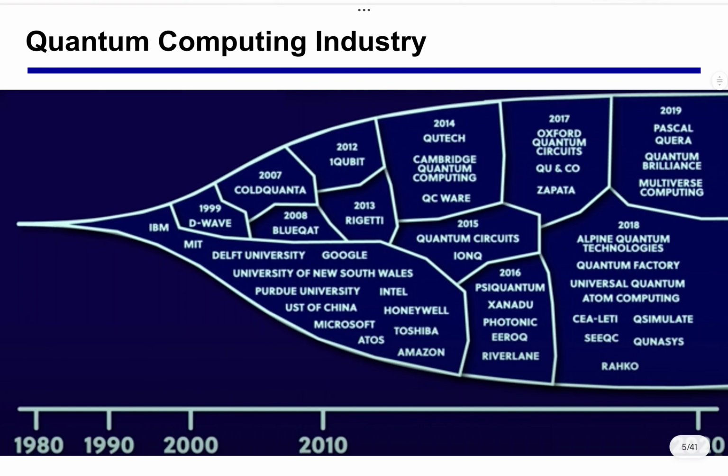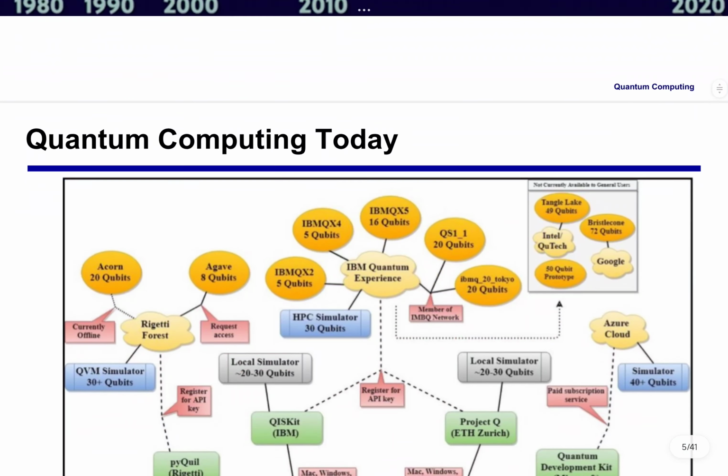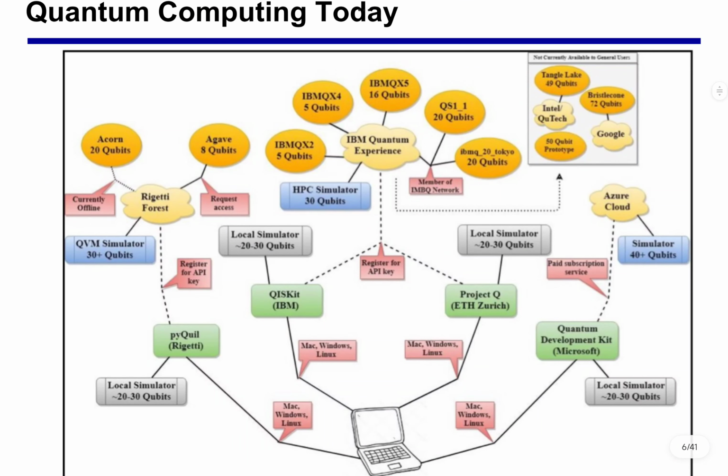So in the industry, with the development of technology, they are more and more competent because the market is booming, I think, and I hope this will have a great future. Today there are some 20 qubits, 8 qubits, and so on.